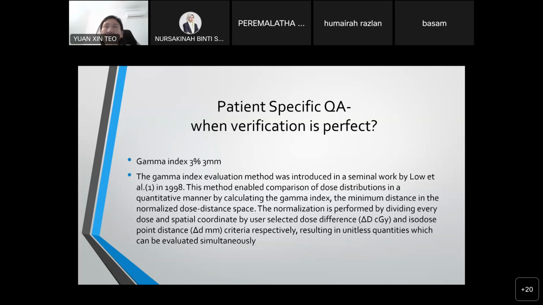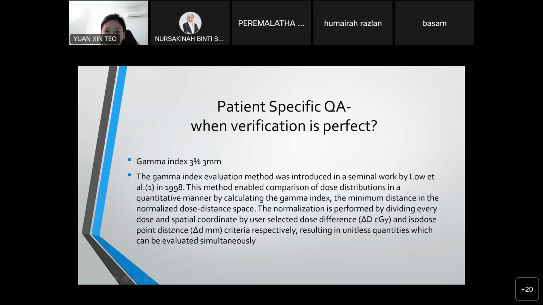It's not very easy to understand. This method was developed to enable the comparison of dose distributions in a quantitative manner by calculating the gamma index and the minimum distance in the normalized dose distance space. By reading this sentence, we will be very confused. That's why I said it's very difficult to explain in detail. So normally it is the dose difference and the isodose point distance.